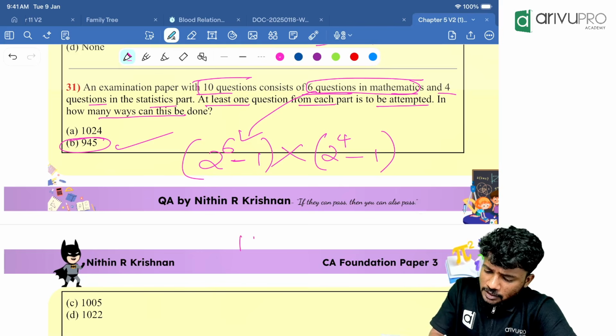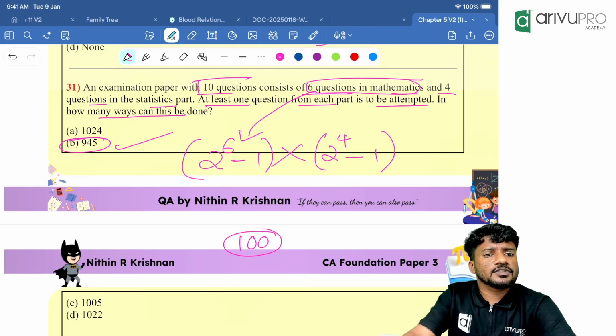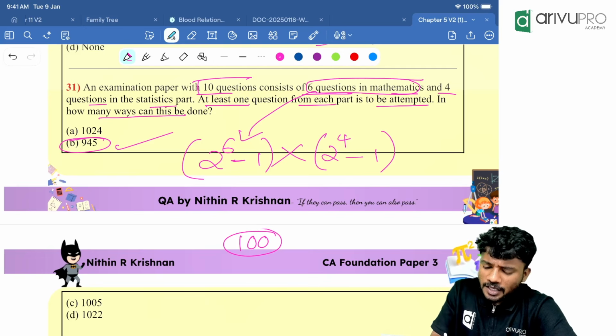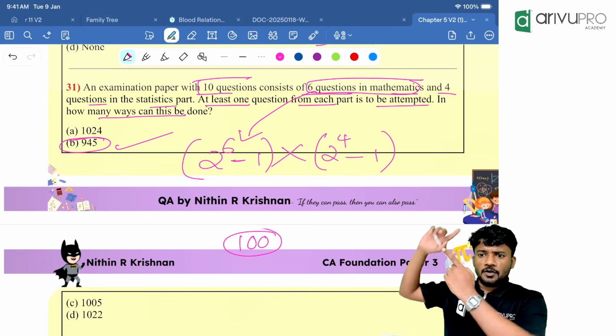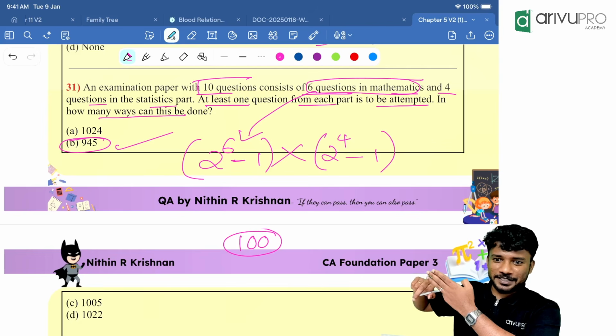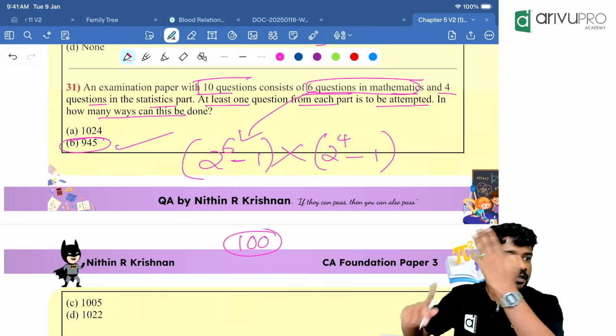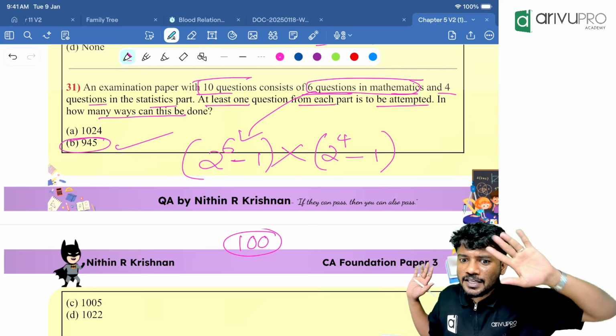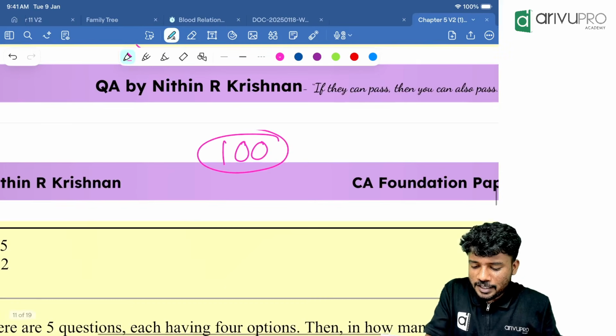Now I will talk about it from your exam point of view. You are getting 100 questions in total. How many ways can you answer it? 1 is option A, 2 is option B, 3 is option C, then option D, and then you can ignore it also, right? So 5 ways you can answer each of your 100 questions.